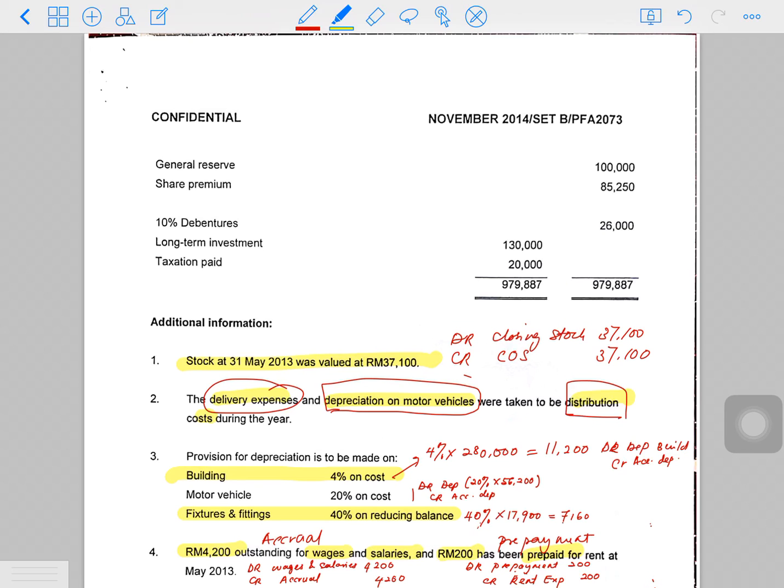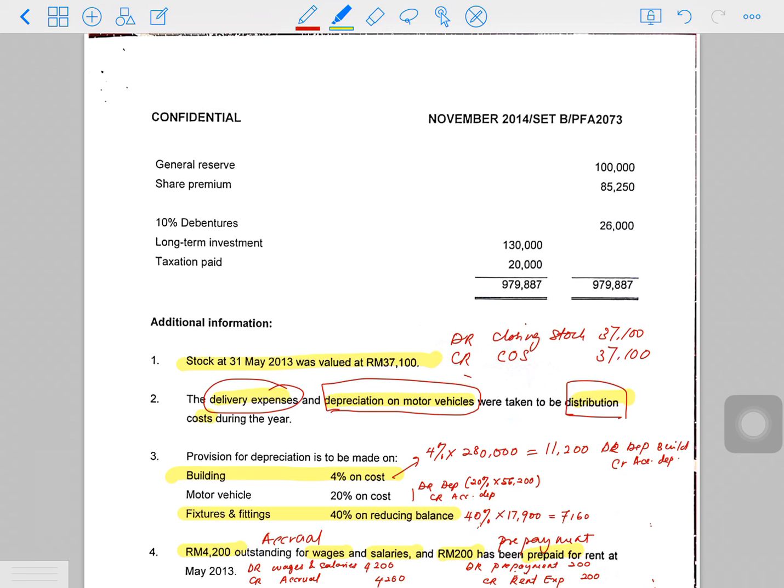But in the additional information, it should be 27,600, which is another 7,600 that has not yet been provided, right? So you need to provide another 7,600.